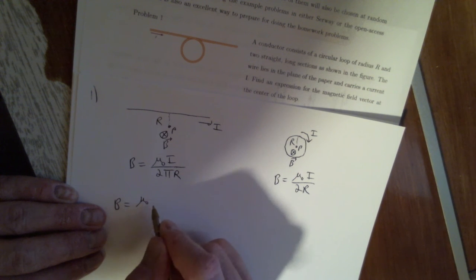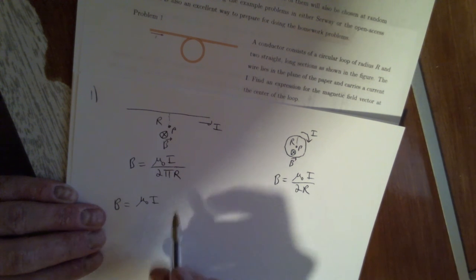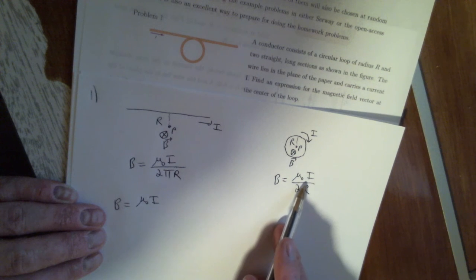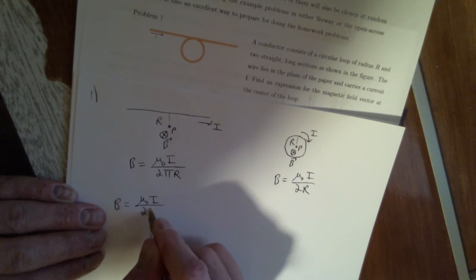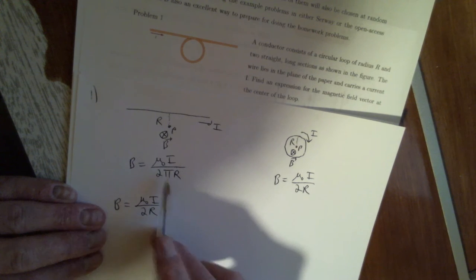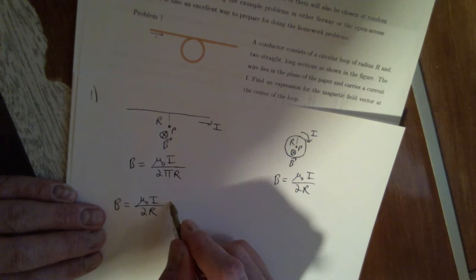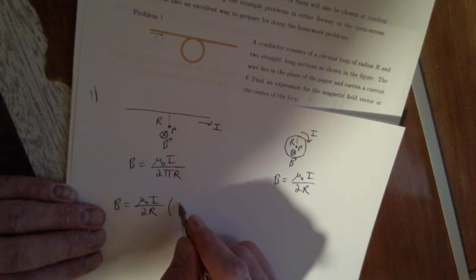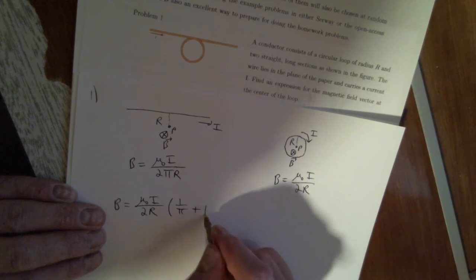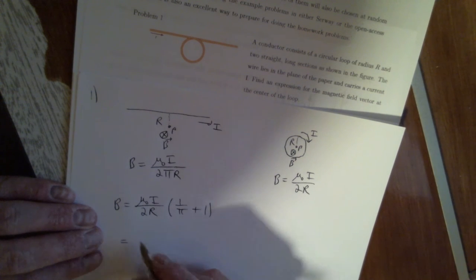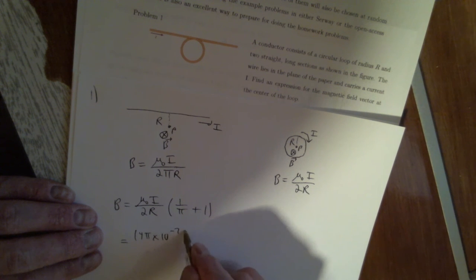So mu sub naught I, in fact, I'll take the common factors out. Mu sub naught I over 2r is common to both. And then this has a 1 over pi, and this is just a 1. And so if I plug in, mu sub naught is 4 pi times 10 to the negative 7 Tesla meter per amp.